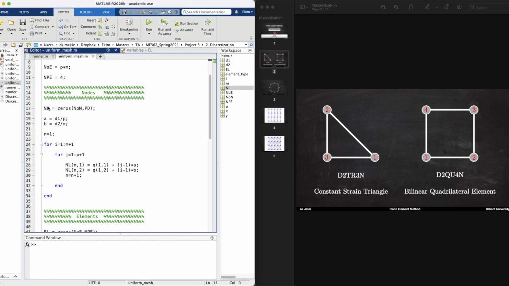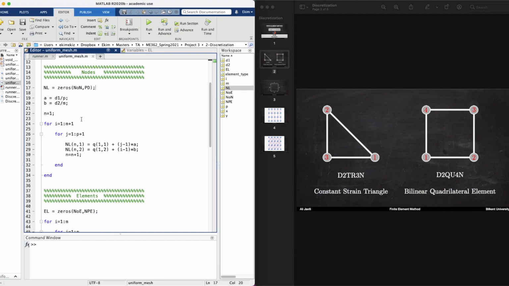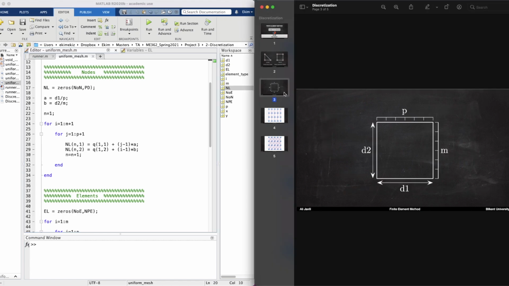So let's look at the generation of our nodes then. As usual, we start with the initialization of our node list. So it's zeros, number of nodes times PD. This is nothing new. And then we have two constants here, the A and B. So what are these A and B?